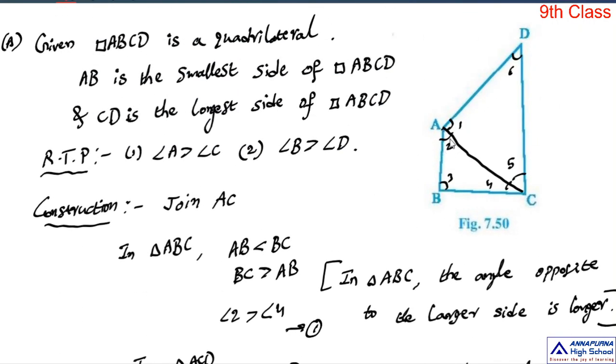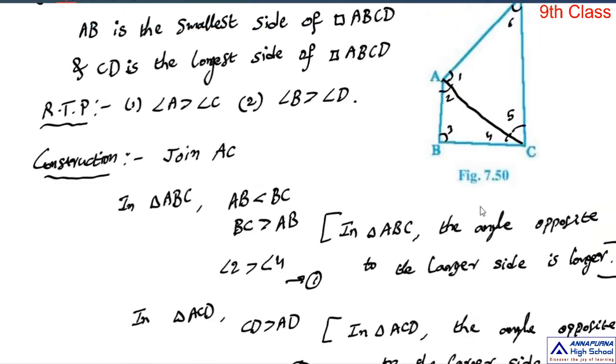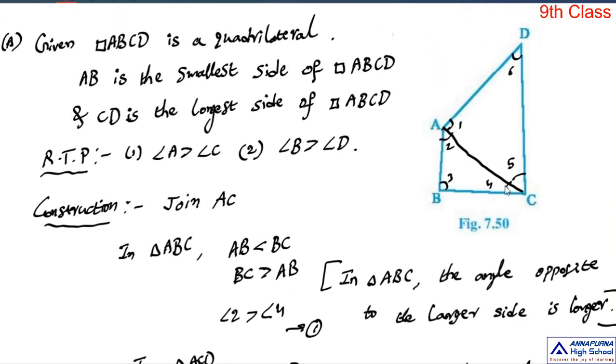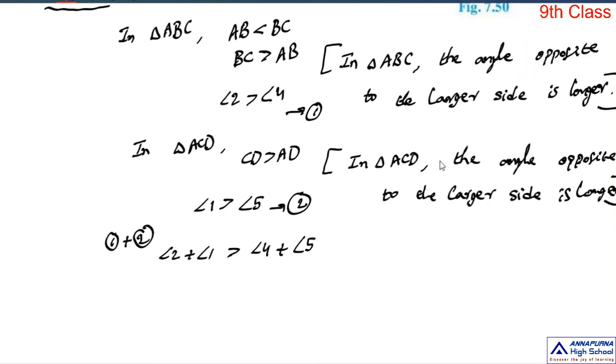Angle 2 plus angle 1 is equal to the complete angle A. Angle 4 plus angle 5 is equal to the complete angle C. So angle A is greater than angle C.